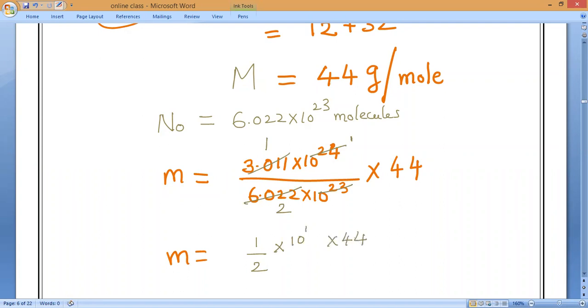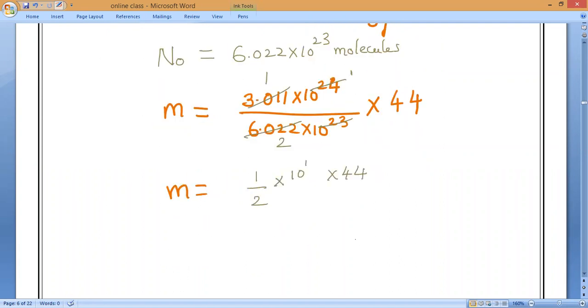Is there any doubt? 10 power 1 means 10 only. So 10 divided by 2 into 44, which is equal to 10 into 22.